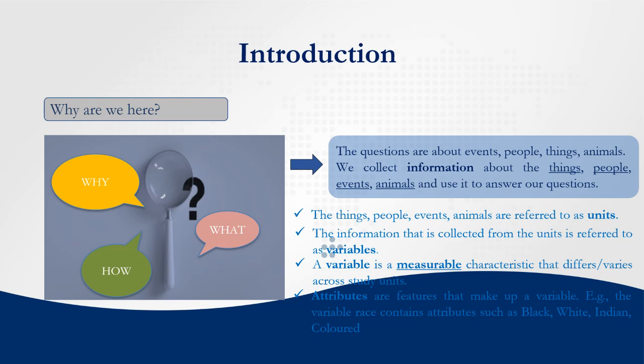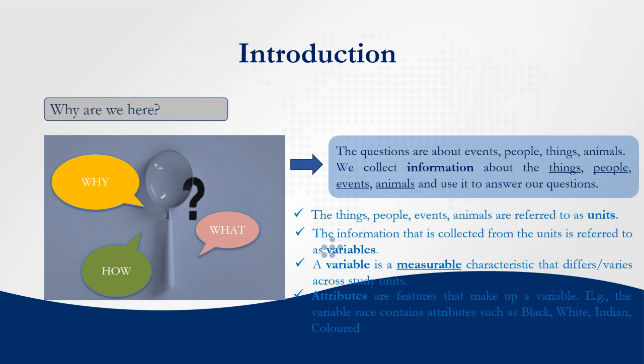And the information that we collect, generally in the context of quantity, as I've said, I'm going to focus on quantitative, we refer to as a variable, and it's something that is measurable. So it's a measurable characteristic. There are characteristics that are inherent in the units, and you want to measure those characteristics.